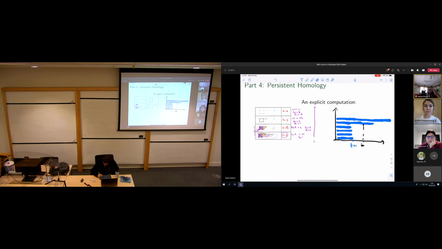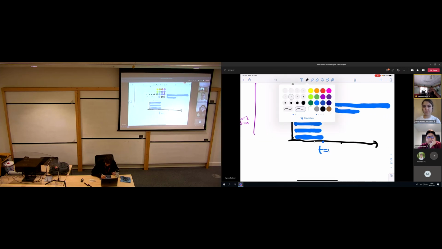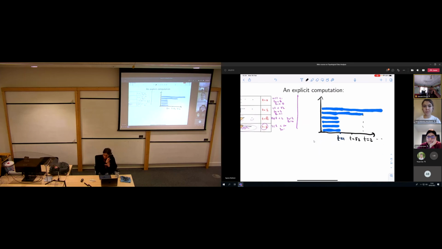I'm sorry, I'm making a mess. Give me 1 second, and I'll try to draw a proper picture. So here, this is time equal 1, then another interesting point is time equals square root of 2, then time equal 2, and then infinity. I'm starting with 6 zero-dimensional features. They all stay alive until time 1. Then I'm left with 2 until time equal 2, and then eventually I'm left with 1.